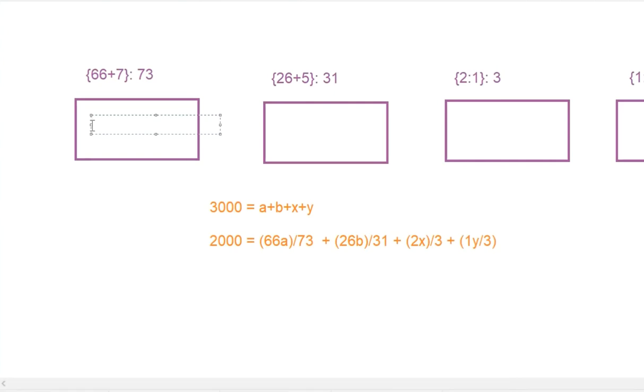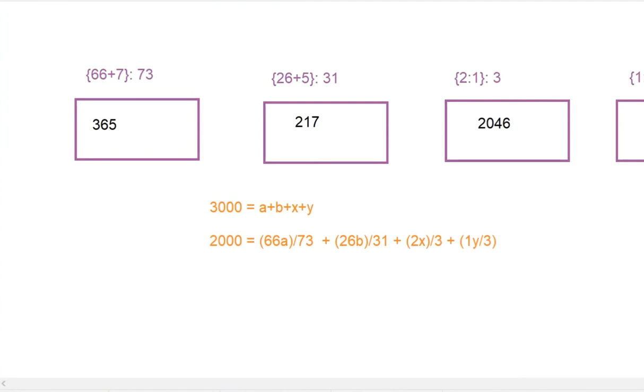So we need to get a total of 365 ballots in here, 217 ballots here, 2,046 ballots in here, and 372 ballots in here.